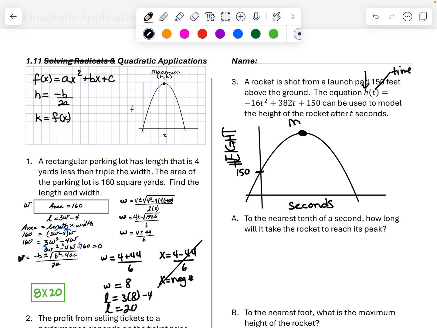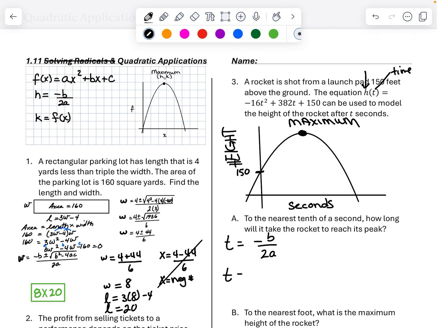So I'm being asked to find the maximum. So I am going to say that time is equal to the opposite of b divided by twice a.